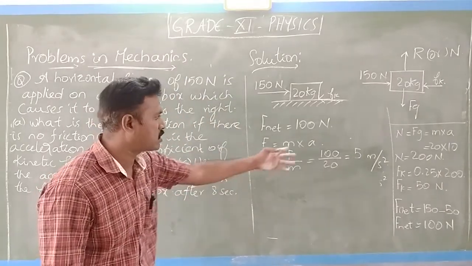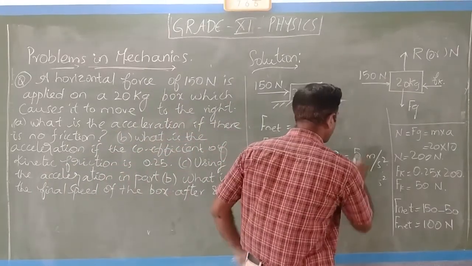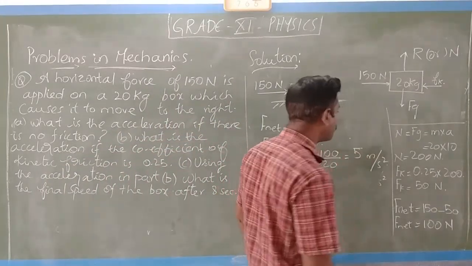The unit of acceleration is meter per second square. I am sorry guys, please make a change: 5 meter per second square.